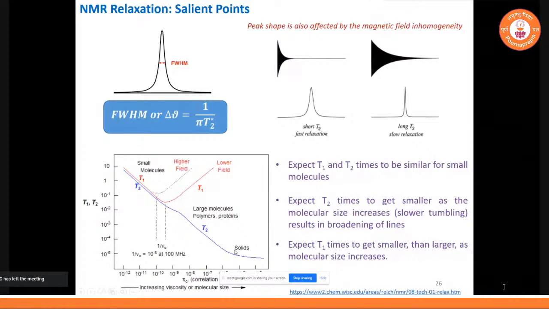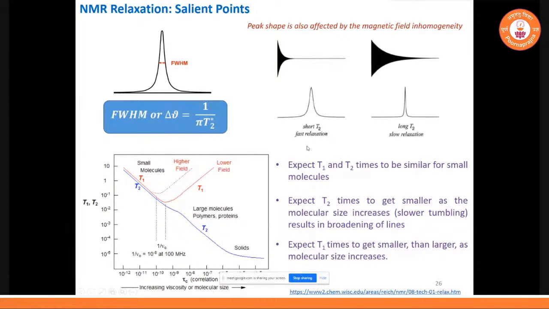But as we go to bigger molecules or solids, we do not have a favorable situation. In solids, T1s are longer. That is not good because we have to wait a longer time for the next scan. Second, T2s are shorter. That is also not good news because the lines will be broader and resolution will get affected.